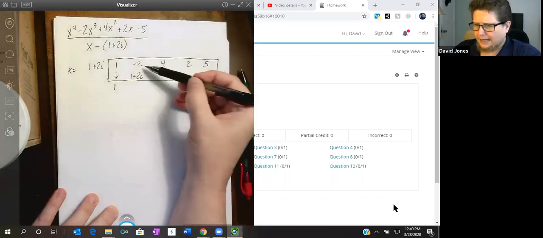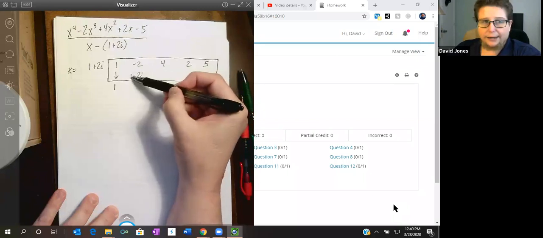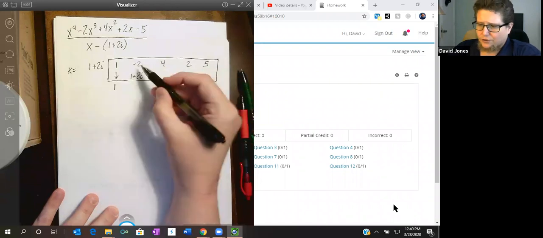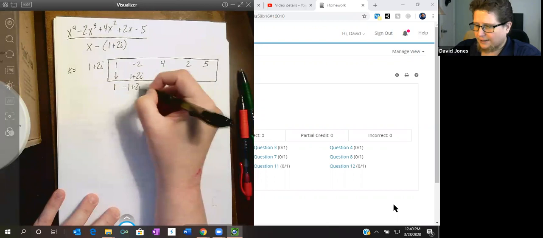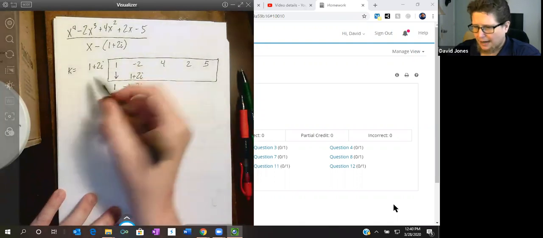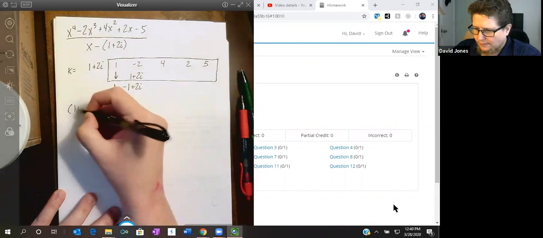Now let's work on adding these. -2 doesn't get added to the i, it gets added to the 1, because this has no i, this has an i. So -2 plus 1 is -1 plus 2i. And now I need to multiply that times that. I'm going to do that below.